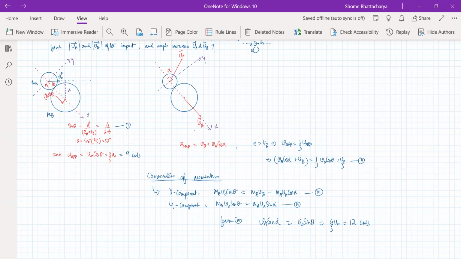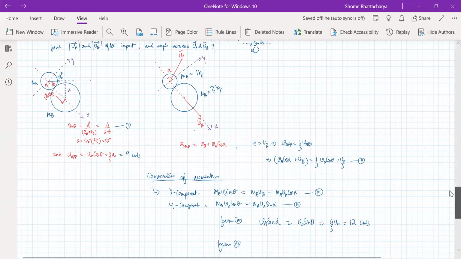Now, next thing we'll do is solve equations 3 and 2 together. Now, what were the masses? MA was 1 kg, right? And MB was, I think, 3 kgs, was it, or 4 kgs?